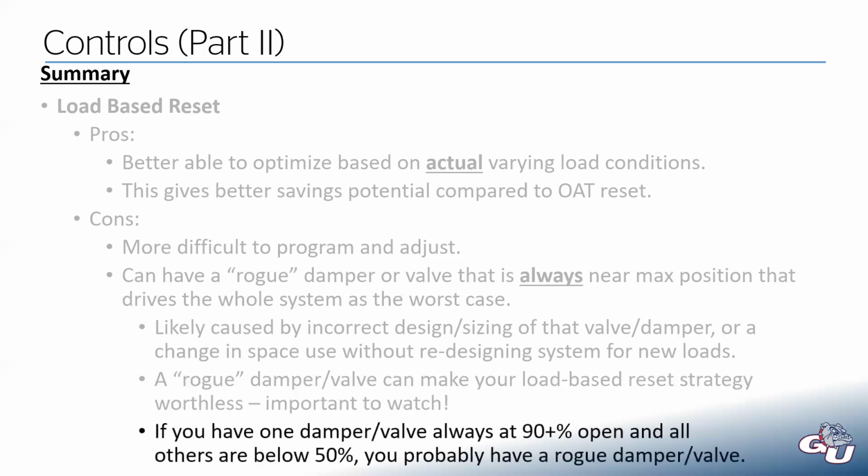So the way you'd identify that is if you have one damper or one valve that's always pretty much maxed out, but everything else on the system is below 50%. These are all approximate numbers, but the idea is you have this one valve or damper that is totally on the extreme as compared to everything else. And that would tell you that's probably a rogue piece of equipment, and you should look into that and get it fixed.